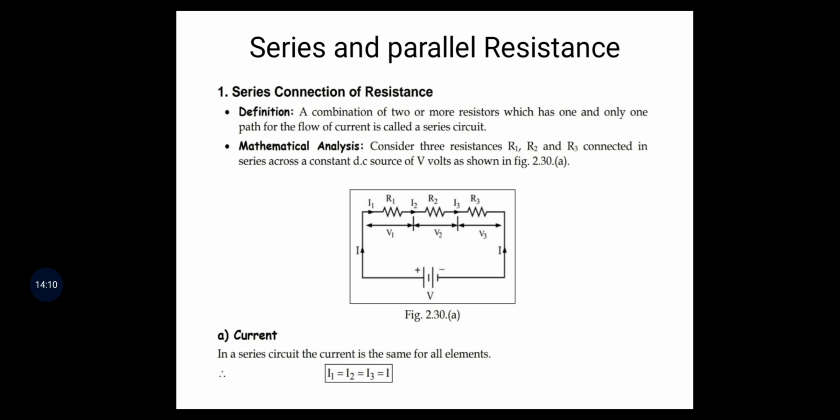With three resistors in series, the current is constant. Here I1 equals I2 equals I3 equals I. When we apply the voltage V, the voltage is divided into three parts, V1, V2, V3.